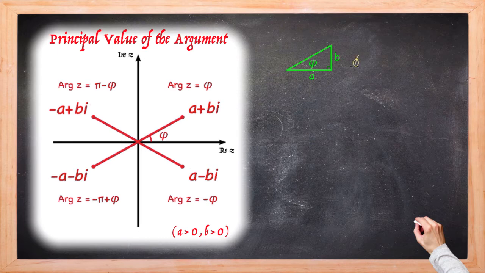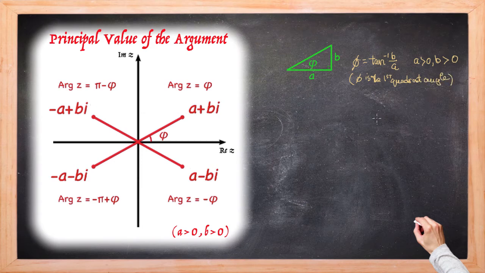So we will discover phi by finding the angle whose tangent is b over a, tan to the minus 1 of b over a. Now remember, a and b we said were positive, and that guarantees that that complex number was in the first quadrant. In the general case, we will not know whether the real and imaginary parts are positive or negative. So that's the first quadrant angle, tan to the minus 1 of b over a.